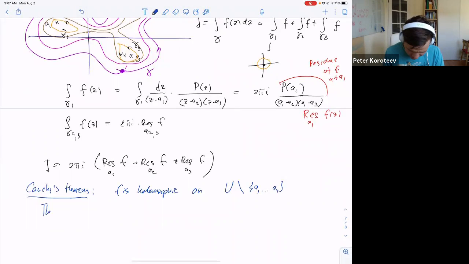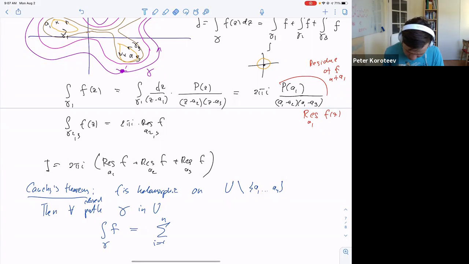And then for every closed path gamma in U, the integral of f over gamma is equal to the sum from i equals 1 to n of 2 pi i, and then here you'll have the residues of f at a_i, but you also need to multiply them by what is known as the winding number. Let me show you this by an example.